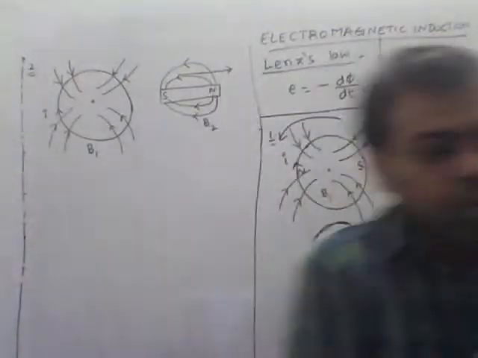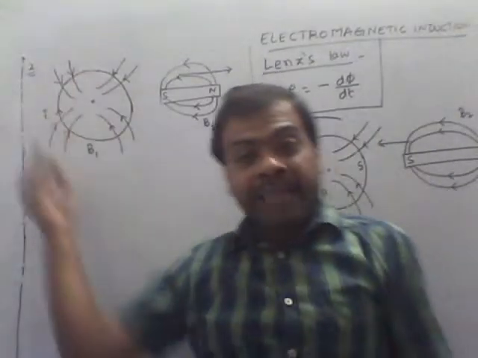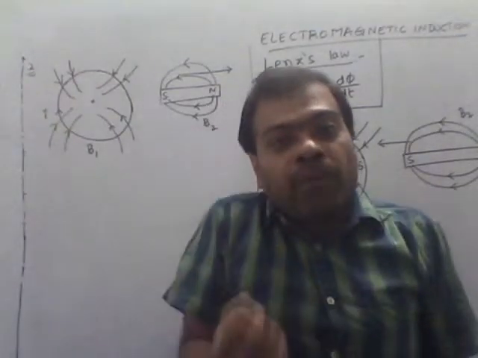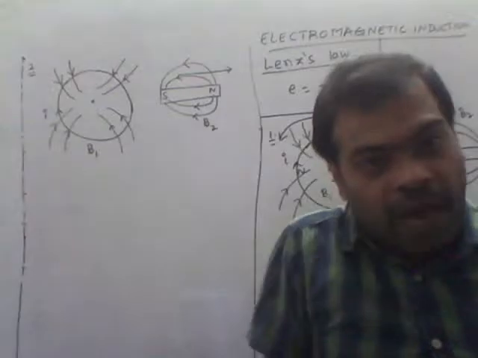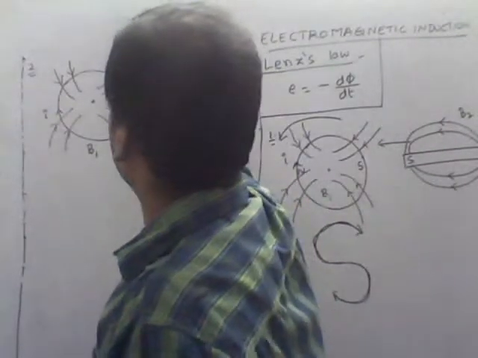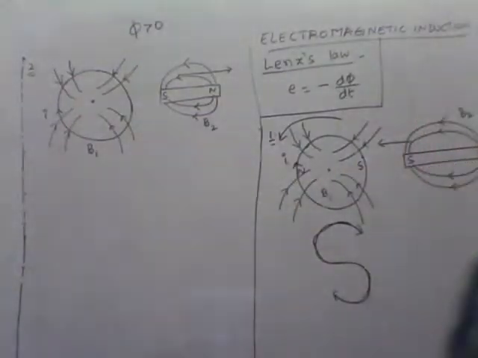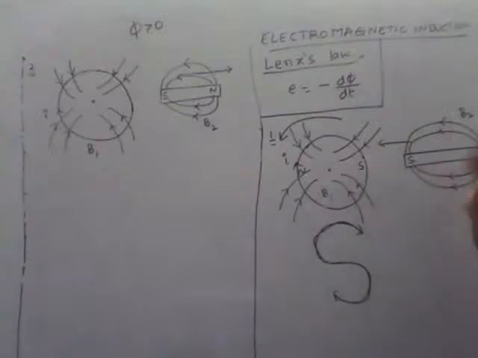So due to this, we can say that whenever a coil attracts the magnet, it will have more magnetic flux. In this case, I can say flux will be greater than zero. In this case, what will happen? As it is moving away, flux will decrease.